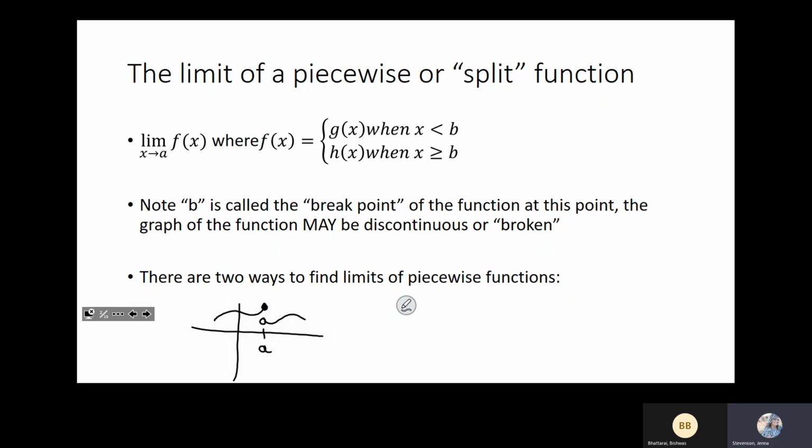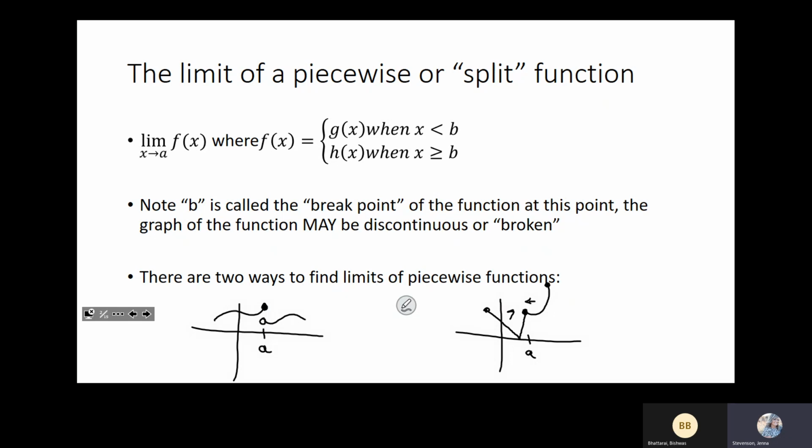But if I had maybe a piecewise function that was maybe an absolute value and then a quadratic, and I had the left approaching the right, that type of function would have a limit exist at this value. Let's call it A.